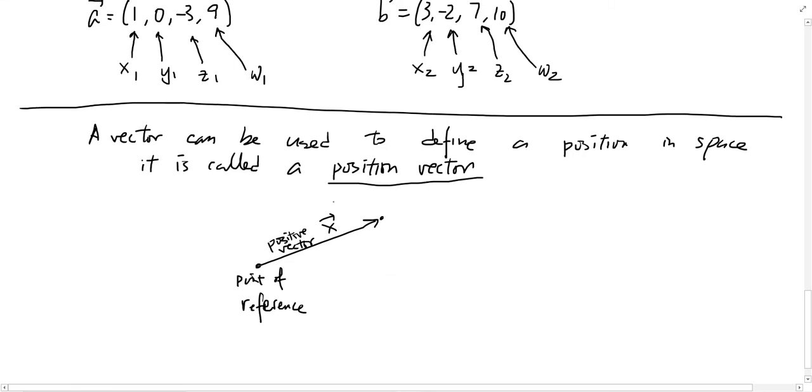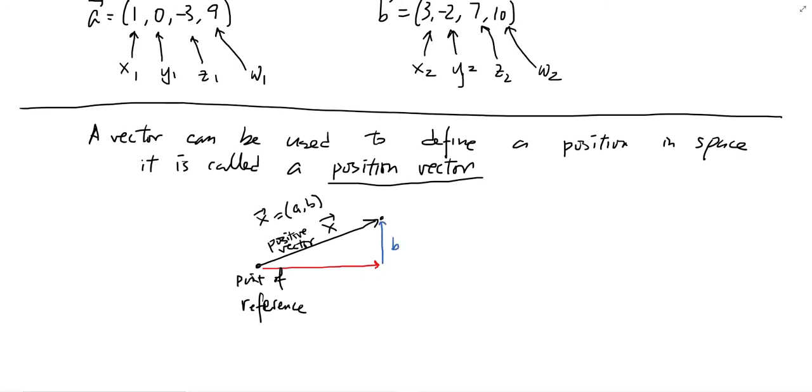If the position vector is equal to, let's say, AB, then that would define a horizontal distance A and then a vertical distance B. So when you have a position vector in R2, the first number indicates how far to move left and right, and the second number indicates how far to move up and down.